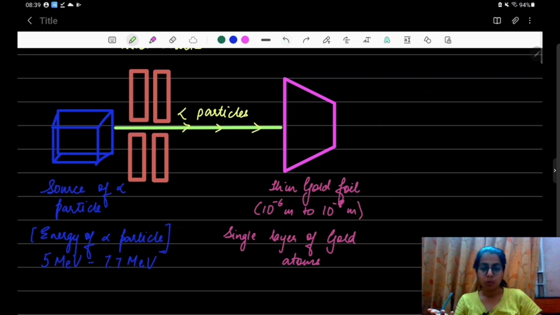So these are the different possibilities. To record them, we need to keep a screen wherein we can detect that yes, here the alpha particle is present.